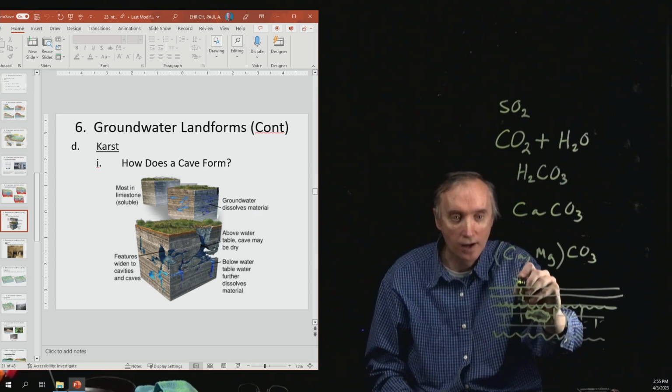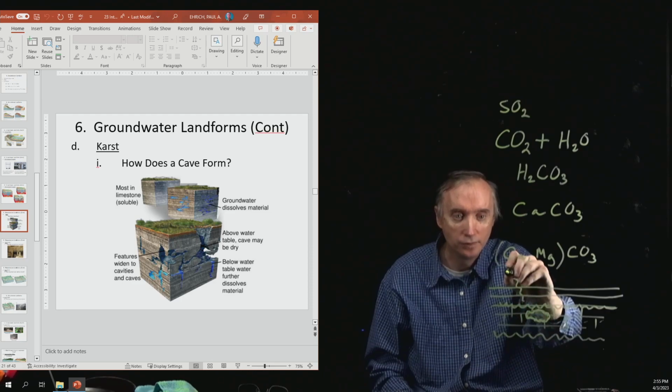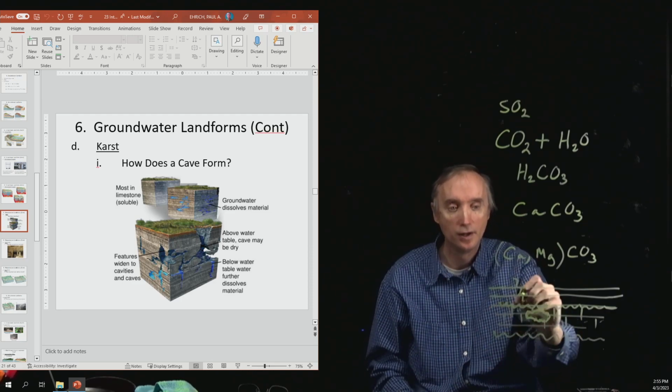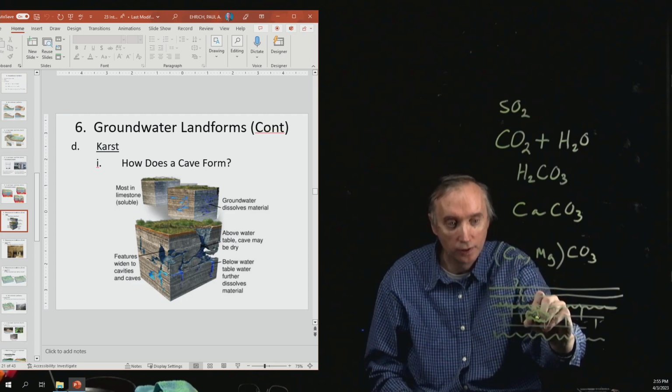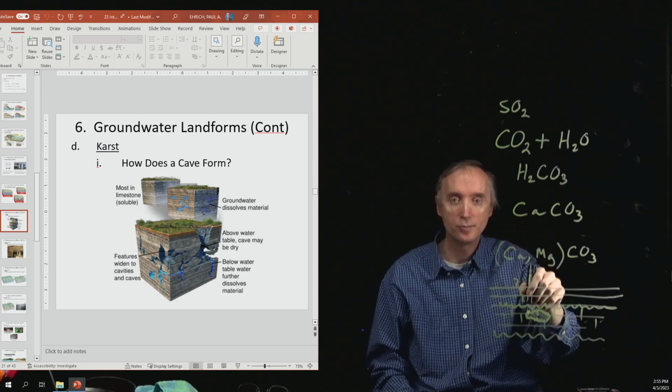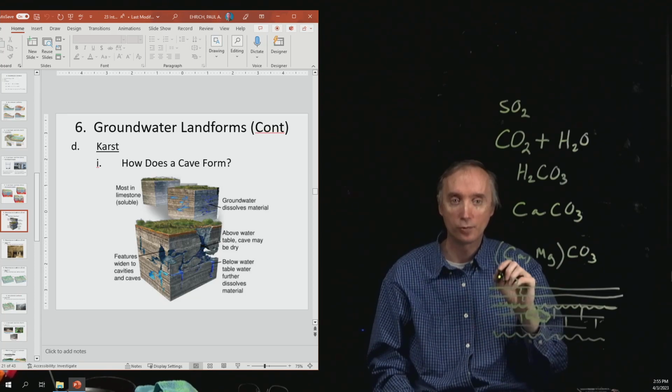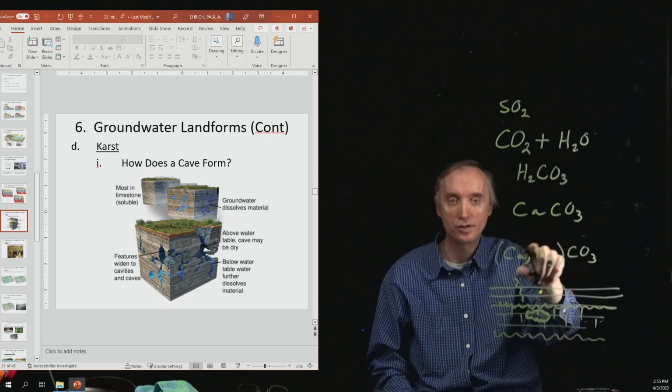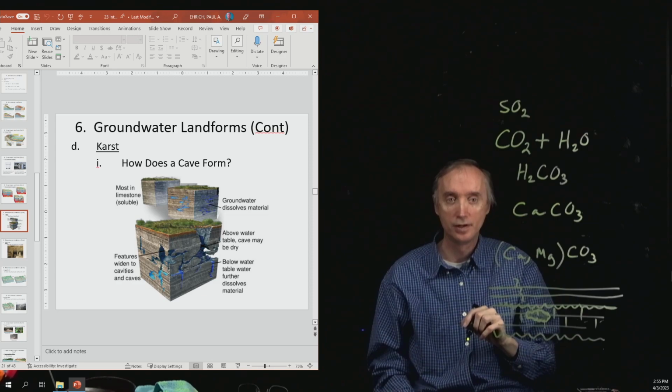Now as groundwater keeps leaking into the cave system, it's going to start to drip into the cave. And then as it drips into the cave, the reverse of what we've just been talking about is going to happen.